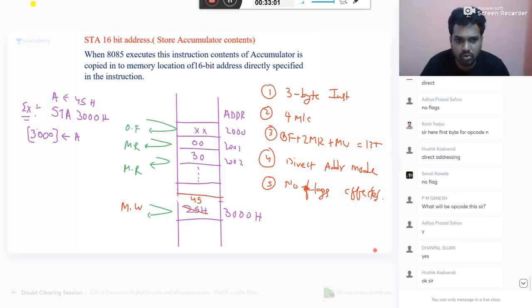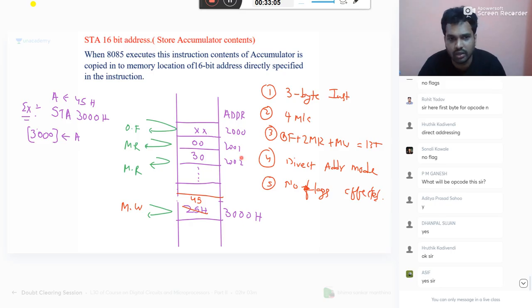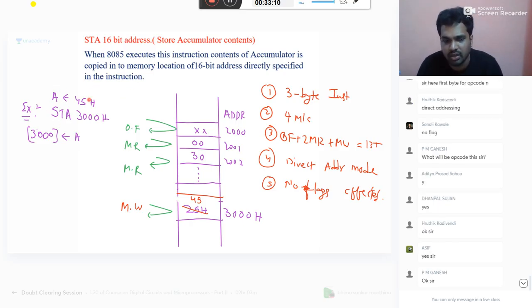What will be the opcode of this? If you want, we can generate it, not an issue. For store, you will have some format. We need to check that format, and I think I have made that also. If you want, I can show.